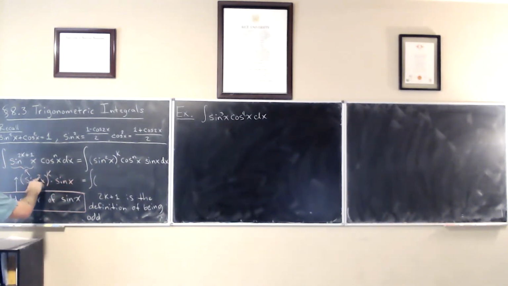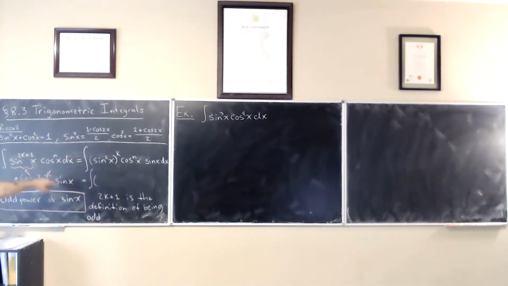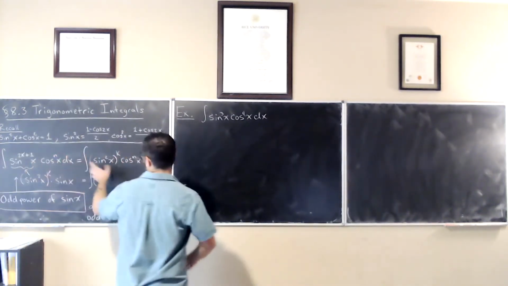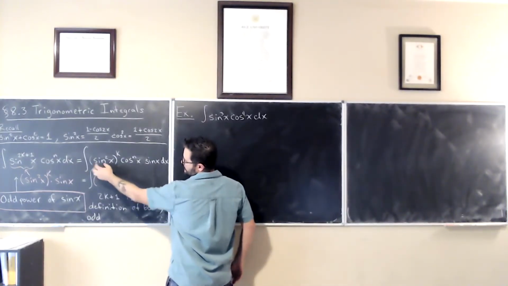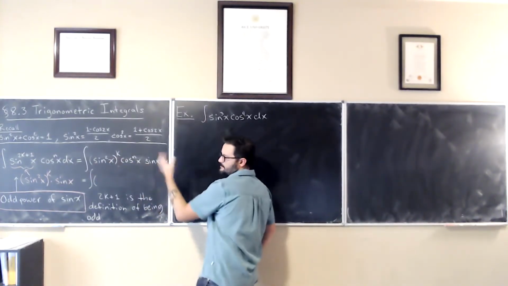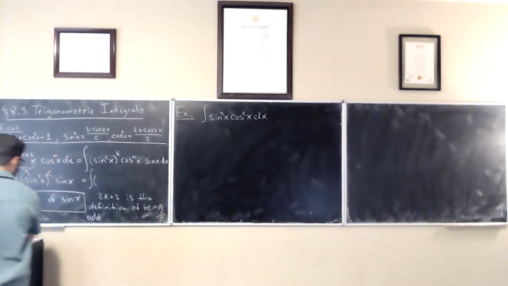Here, sine squared raised to the power k is sine 2k, and then you multiply it by sine, you get the plus 1. So that little factoring trick is what you're going to do to move this from that form into this form. You're basically factoring sine, right? Sine squared to the power k times sine, it's the same thing.